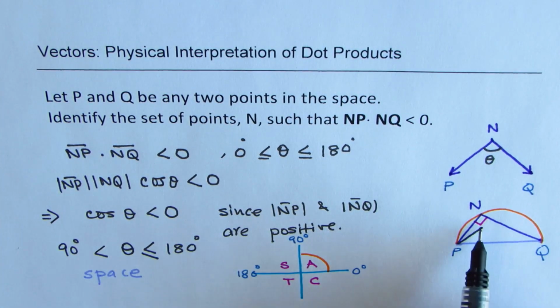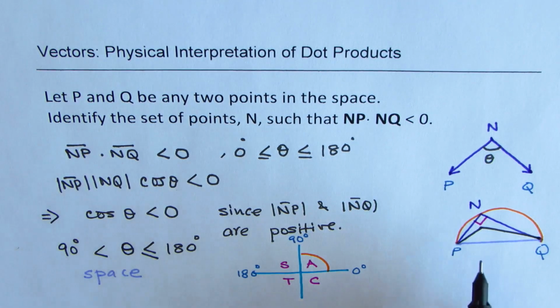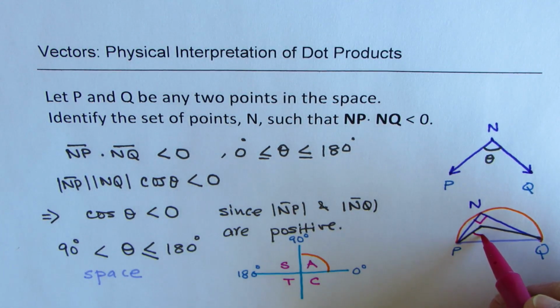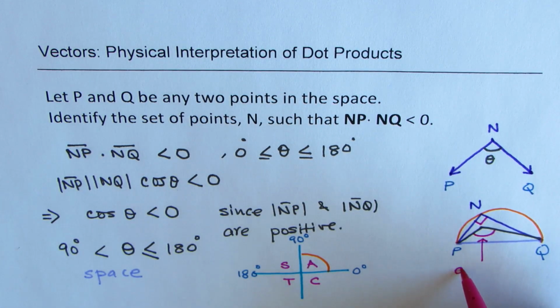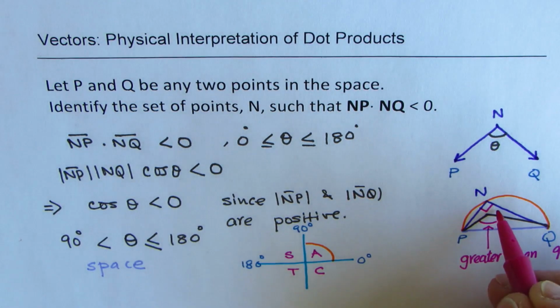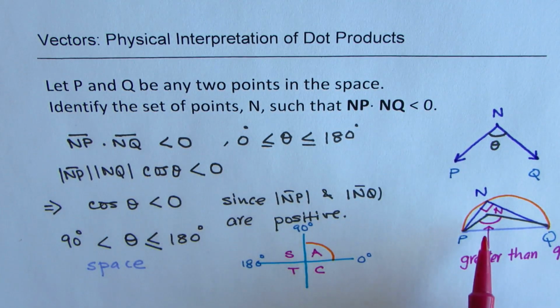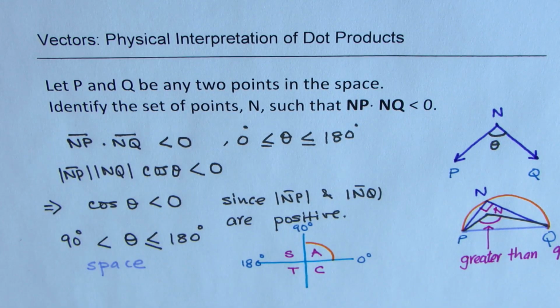So in that case, if I join, this angle will become an obtuse angle. Do you see this angle? This angle will be greater than 90 degrees. So if N is somewhere inside the circle, the angle found will be greater than 90 degrees. Does it relate to something?